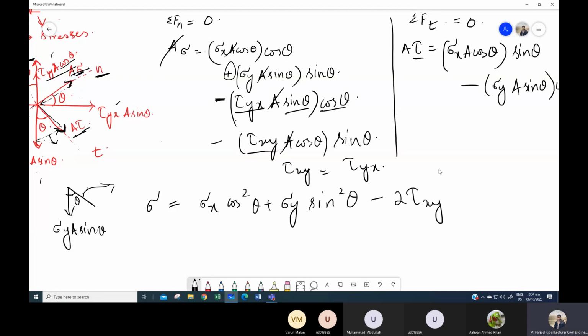Both of them have sine theta and cos theta terms, so that will be sine theta and cos theta, right?